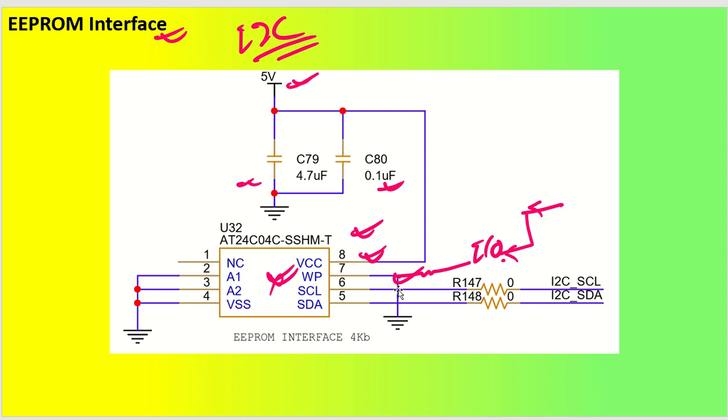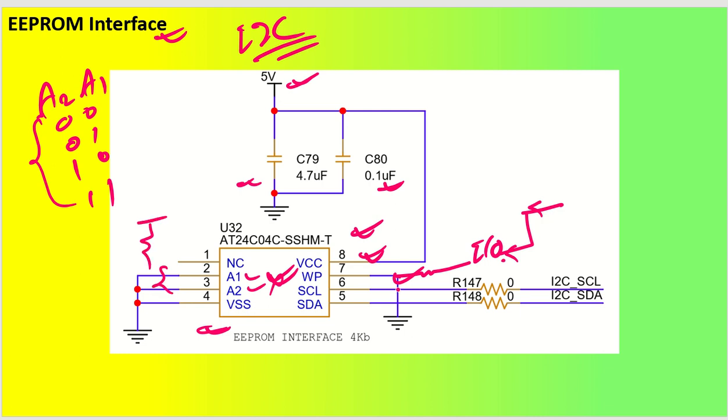Now, with this EEPROM, we have two address lines, A2 and A1, so 00, 01, 10, 11. So total 4 combinations you can keep of these two address lines by connecting them either to pull up or to pull down. Got it?